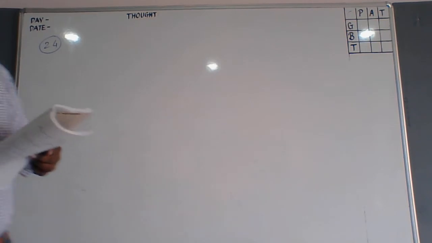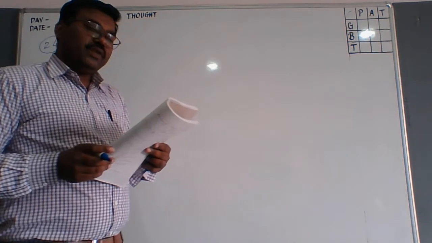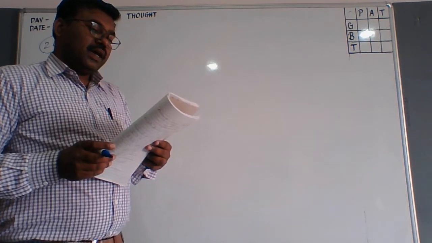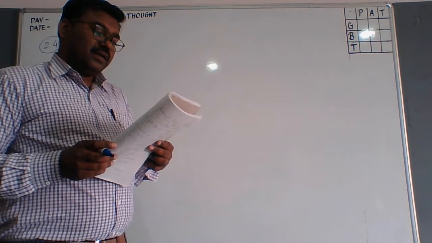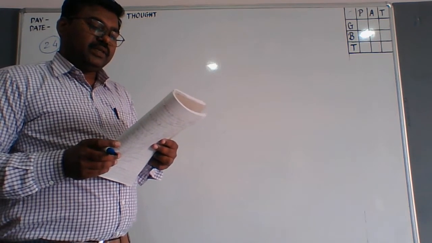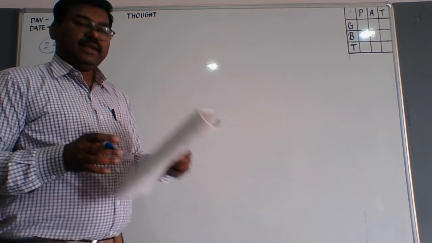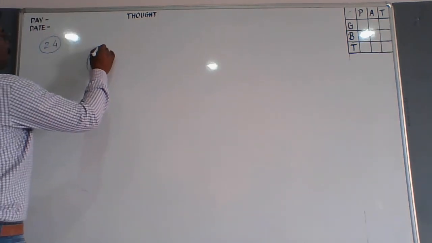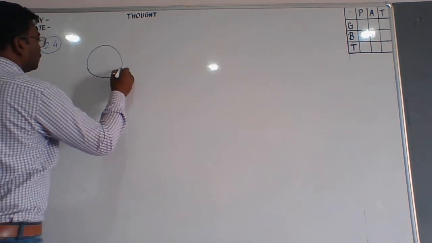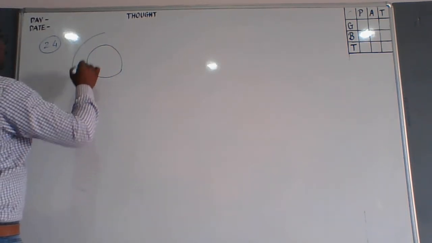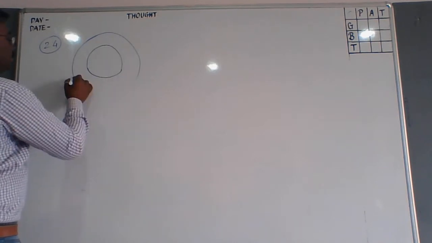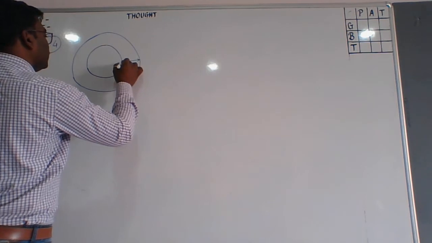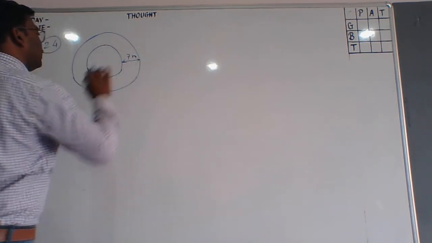So the question is, there is a path of uniform width 7 meter round and outside a circular garden of diameter 210 meter. That means, suppose this is a circular garden and outside the circular garden there is a path, and the width of the path is given to us, 7 meter.